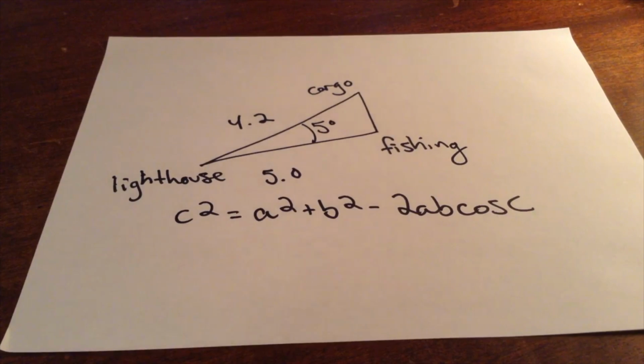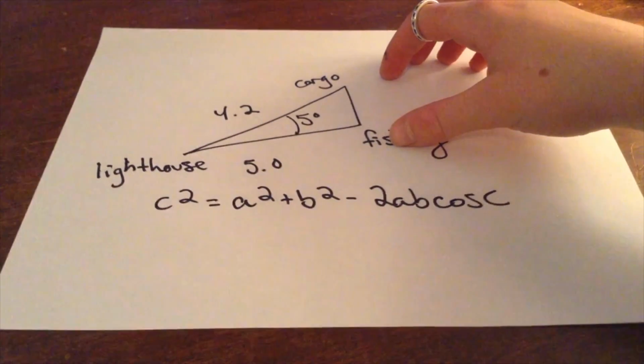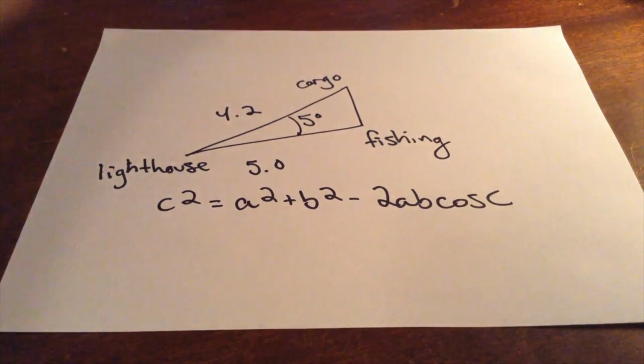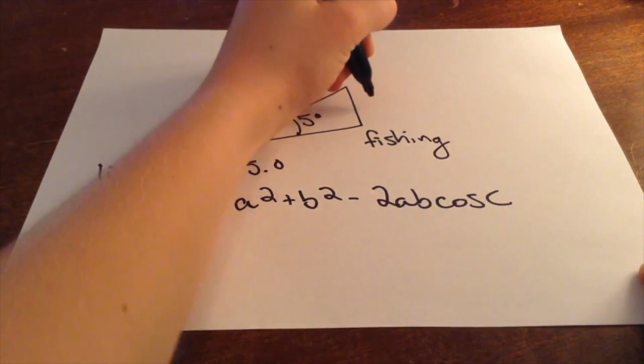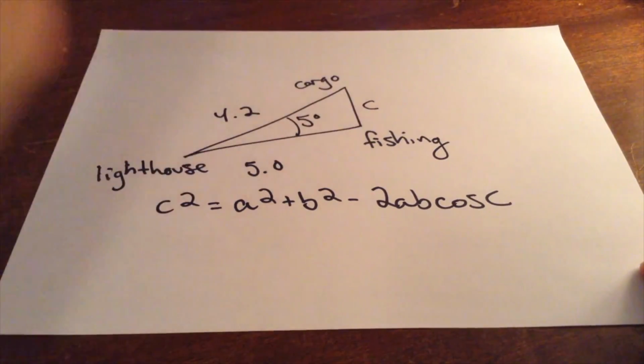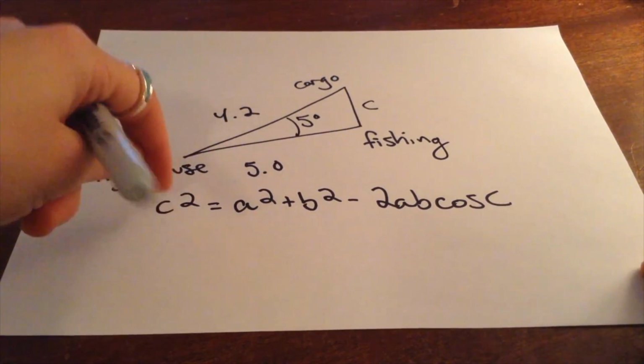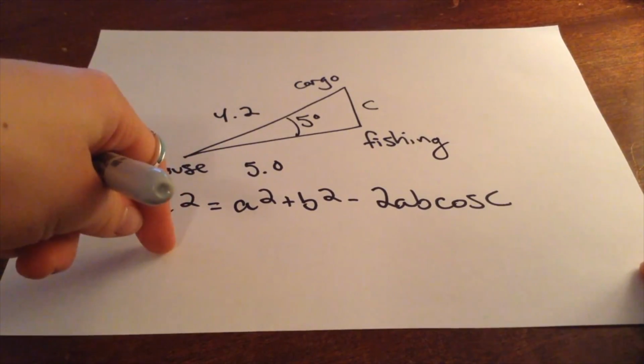So for this problem you are trying to find the approximate distance from the cargo ship to the fishing boat. So that would be this distance here. And so I would assign this to be small c, because the small letters are usually used for side lengths, whereas the big ones are used for angles, because this law of cosines expression just gives you c squared.